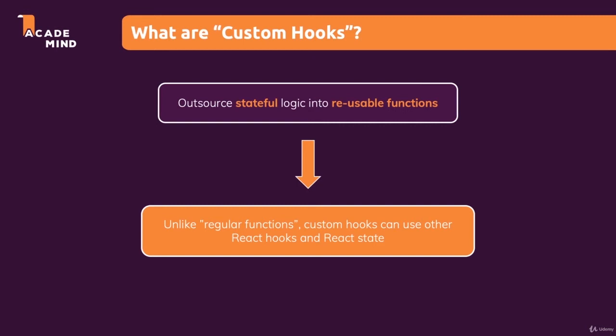With custom hooks, you can outsource logic, which you might be using in different components, into a custom hook, which you can then call from all these various components. So it is simply a mechanism of reusing logic, just as regular functions are, with the special thing that in these custom hook functions, you can use React hooks and other hooks.